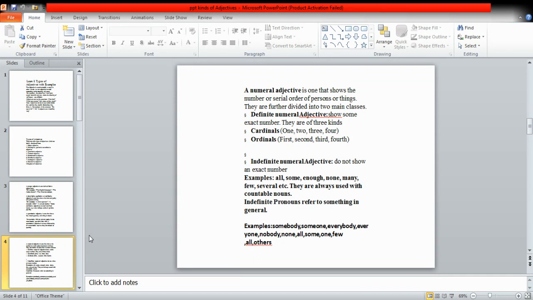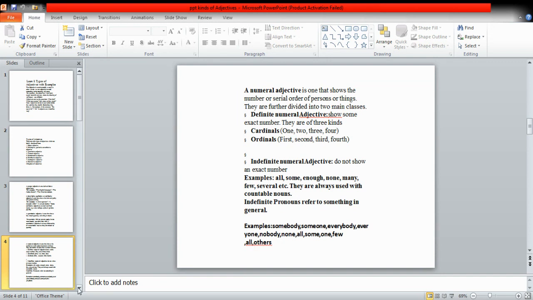They are always used with countable nouns. Indefinite pronouns refer to something in general, and these are the examples of indefinite pronouns like somebody, someone, everybody, everyone, nobody, none, all, some, one, few, all, others. So this is the difference between an indefinite numeral adjective and indefinite pronoun.